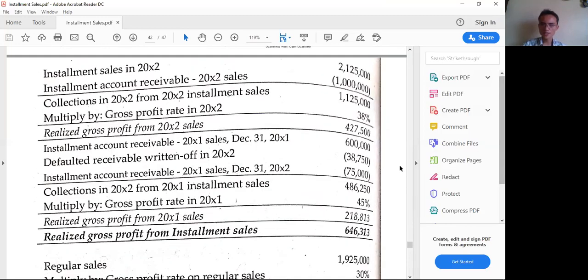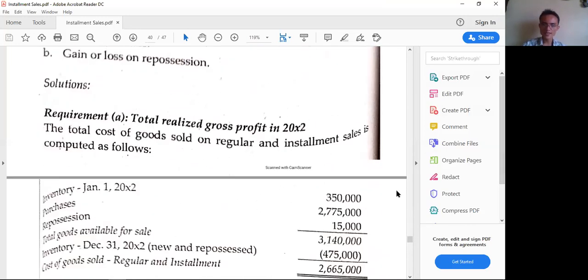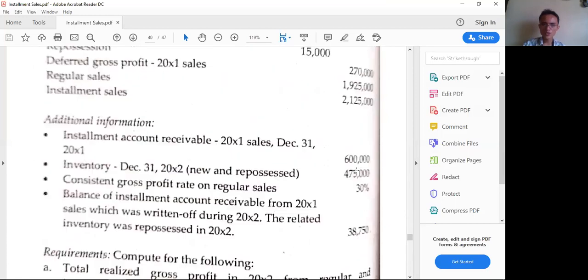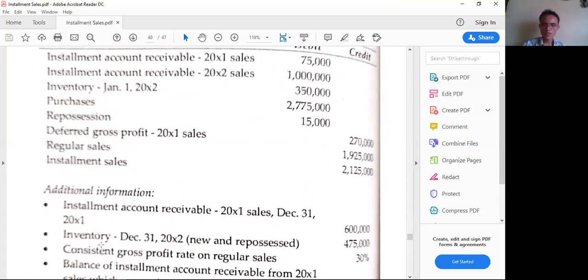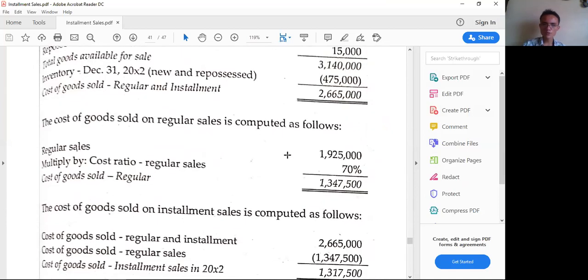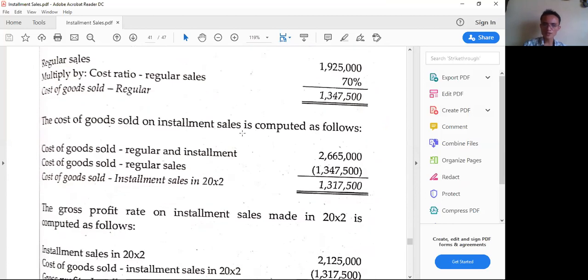However, the learning points here as we go back is that if we are going to compute the cost of sales here, it's going to be entirely both for regular and special in the form of installment. If ever we segregate the two, then the cost of goods sold will be for regular and installment.